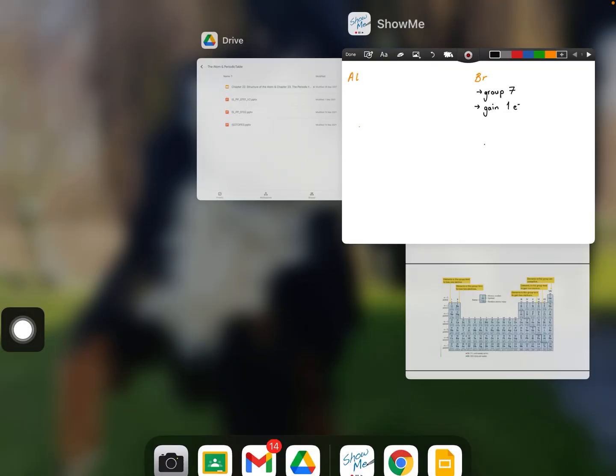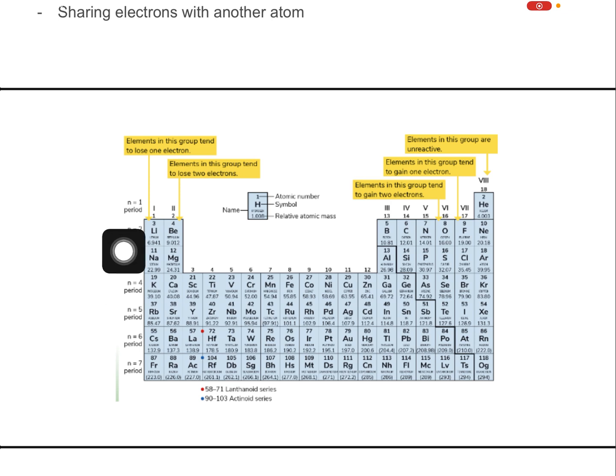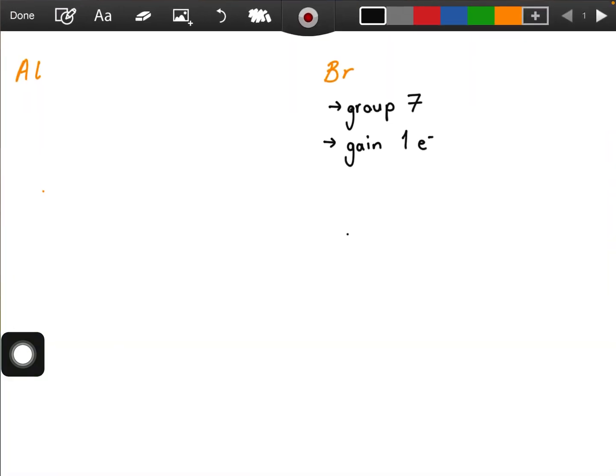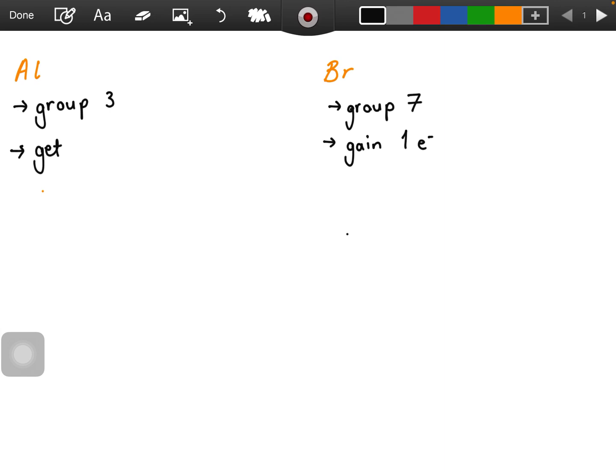Now let's look for my aluminium. So it's here. Aluminium is in group 3. So what does that tell us about aluminium? How many electrons does it need or want to get rid of? It wants to get rid of 3 electrons.